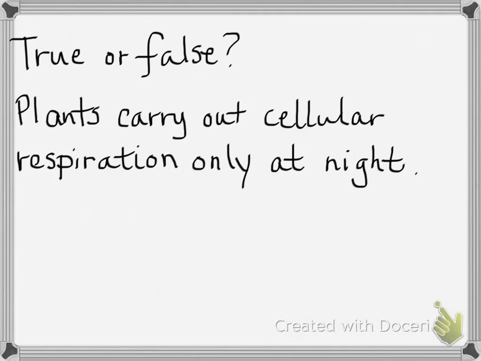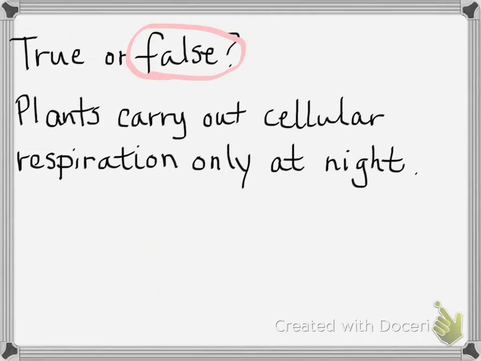True or false? Plants carry out cellular respiration only at night. I have a vote for false, and I agree with it. When do plants do cellular respiration? All the time. Plants respire all the time. Every living cell respires all the time.